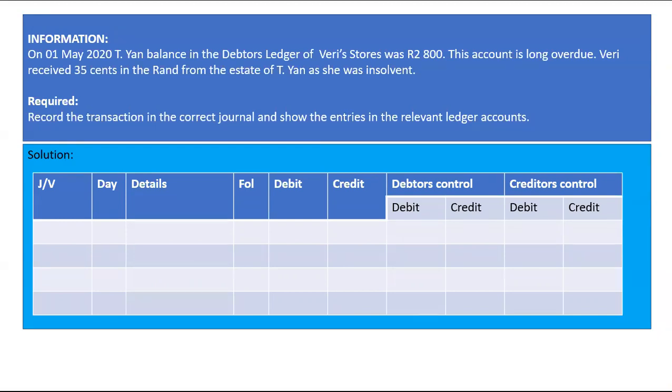Firstly, you will have to take the total amount that is owed by T-Yuan, which is 2,800, multiplied by 35 cents. That represents what we have received and what will be recorded in the cash receipts journal.